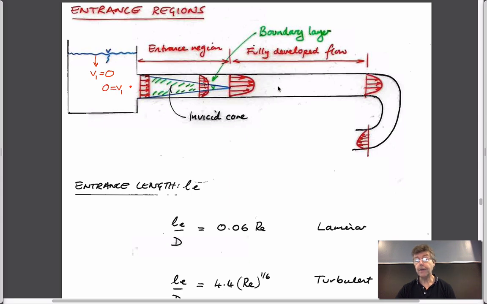But clearly in the pipe V2 is not equal to 0. And so it has to accelerate from this point to become a fully fledged flow. You can work out how long it takes to become fully developed flow in terms of its final regime, as a distance from going at 0 velocity in the tank to some fully developed flow in the pipe.